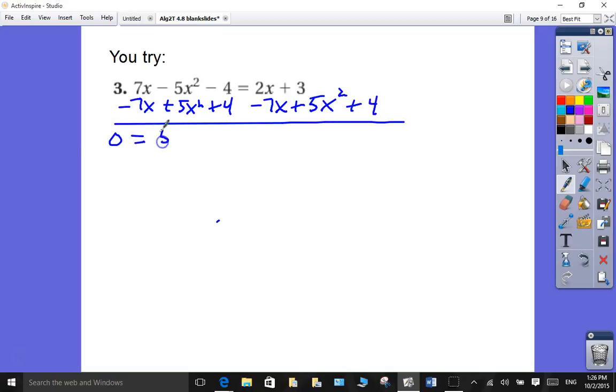So I got a positive 5x squared to lead the way. I have a negative 5x, and it looks like I got a plus 7. And I'm sure that's right.